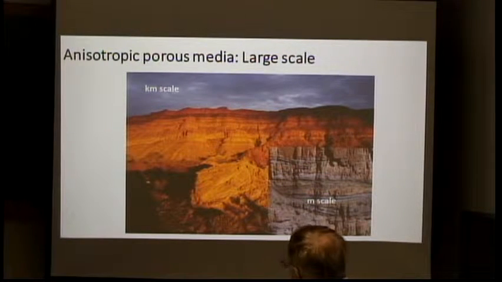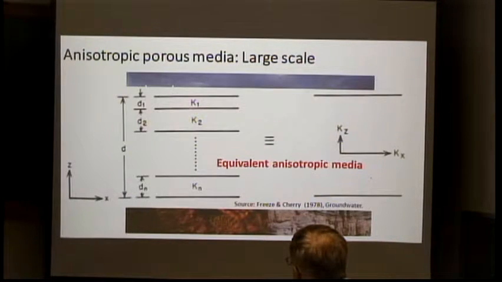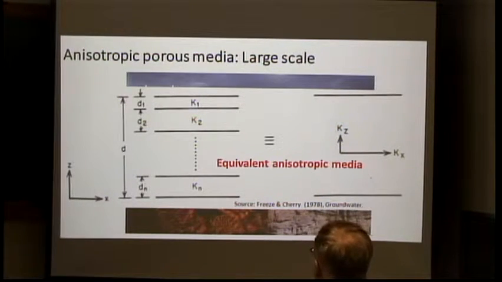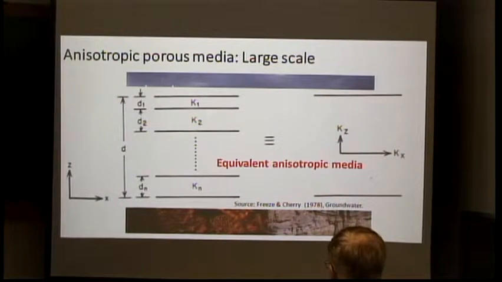So typically, to deal with that kind of heterogeneity, if we don't want to represent it completely, we just go and upscale this in a simple way. This is just saturated flow modeling. What we come up with is an effective hydraulic conductivity, for example, that is anisotropic. And when I show this in my groundwater class, the students always ask me, okay, how much anisotropy, right?